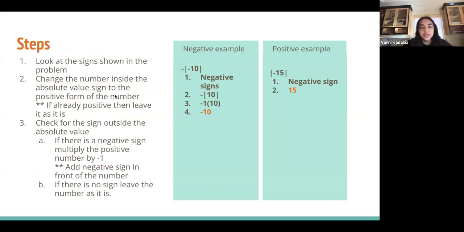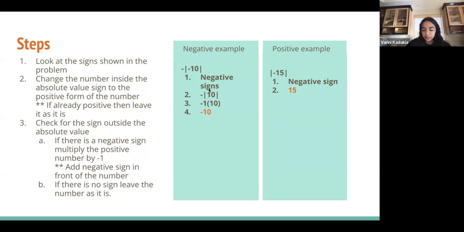So first we should look at the signs in the problem, and we change the number inside the absolute value to the positive one. Then we check the sign outside of the absolute value. If there's a negative sign, we multiply that number by -1, but if there's no sign, just leave it as it is.